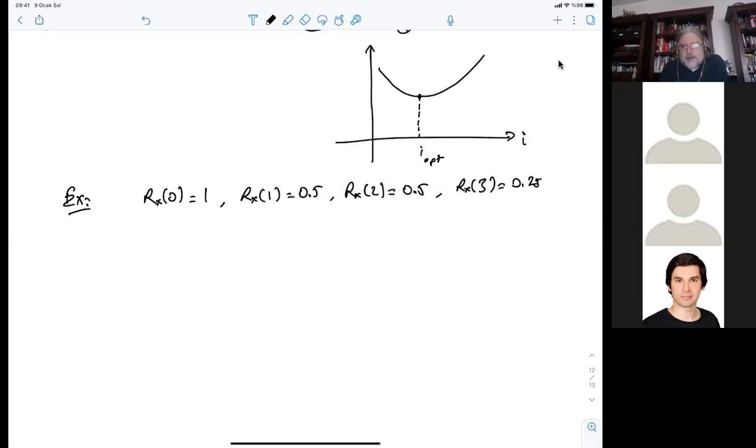So we have these autocorrelation values. I didn't check whether they are legitimate autocorrelation values or not. As we all know, the Fourier transform of this sequence is supposed to be always positive. Is it always positive? You have to assume that Rx of -1 is 0.5, Rx of -2 is 0.5, and Rx of -3 is 0.25 too.